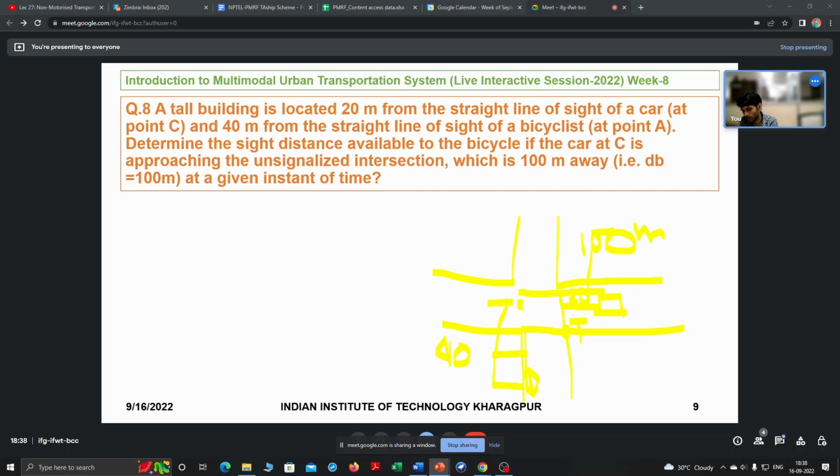Tell me. Can you recheck your calculation once? Can you recheck, whoever said 33.33? Can you recheck once?